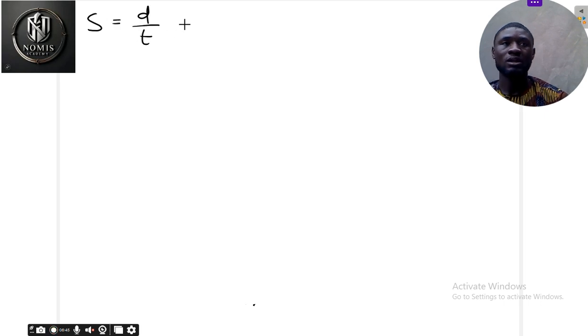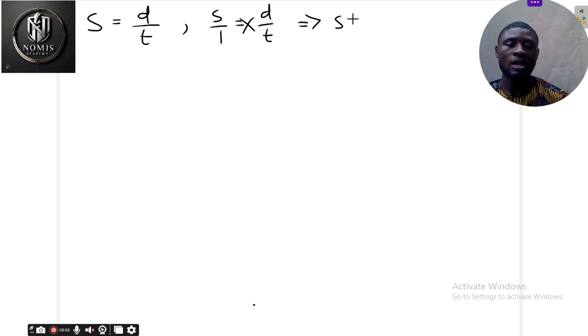In the case that we are looking for time, we should make time the subject of the formula. So that says S over 1 equals D over T, and when we cross multiply, it becomes S multiplied by T equals D. Because we are looking for the value of T, we divide both sides by S. So the time taken is equal to distance all over speed.